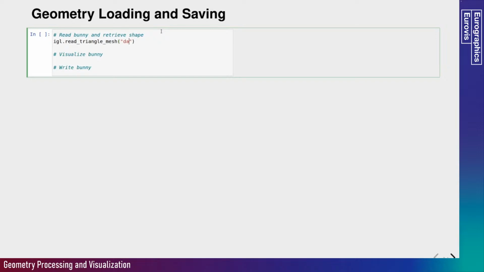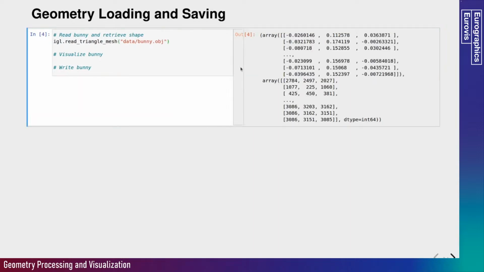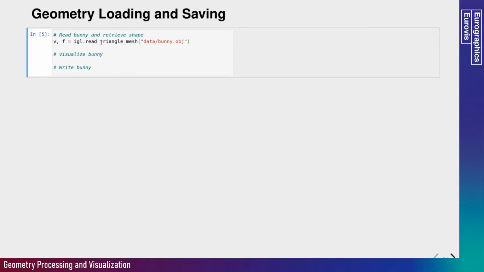This is a function that loads arbitrary triangle mesh formats, and if we run this, we see that we get back 2 arrays, and these are exactly the vertex array as well as the face array. So let's pick some names for those, and let's call them v and f again, and we're good to do some calculation on these arrays.